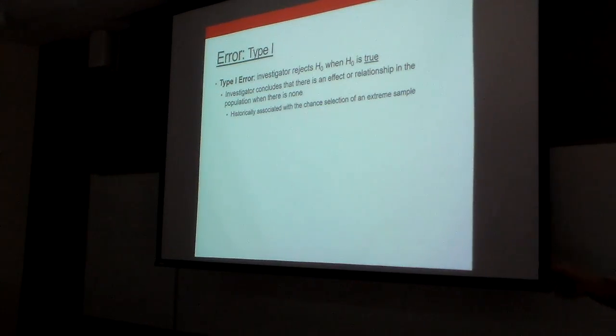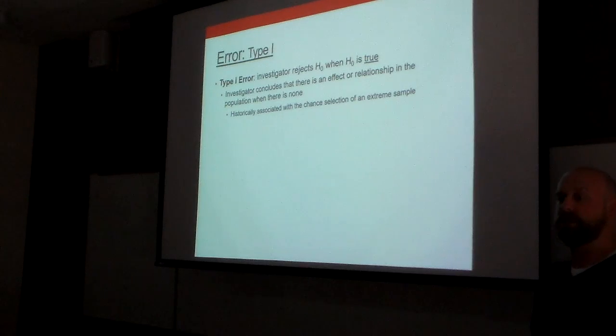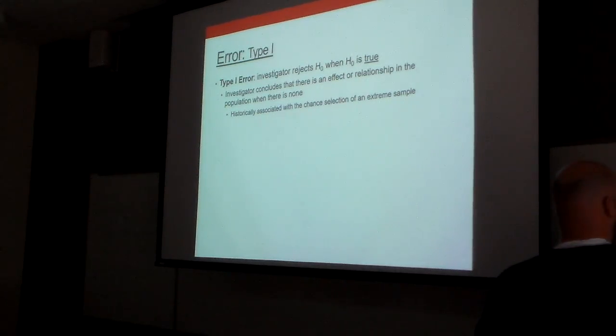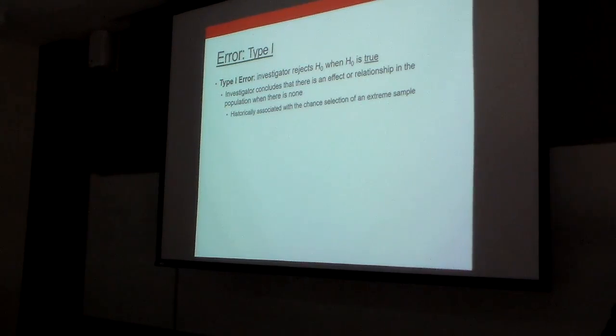You know, historically we think about type 1 error as being associated with selecting an extreme sample. If my sampling distribution looks like this, and my actual population mean is equal to 100, right?